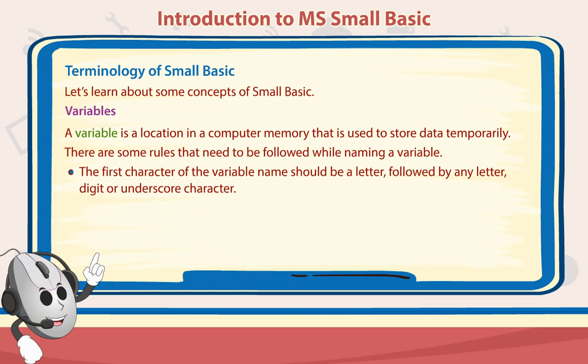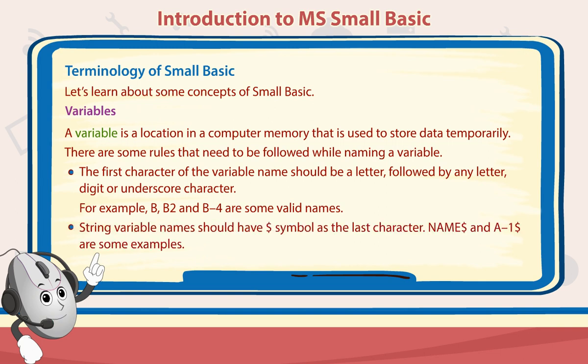The first character of the variable name should be a letter followed by any letter, digit, or underscore character. For example, B, B2 and B_4 are some valid names. String variable names should have the $ symbol as the last character.